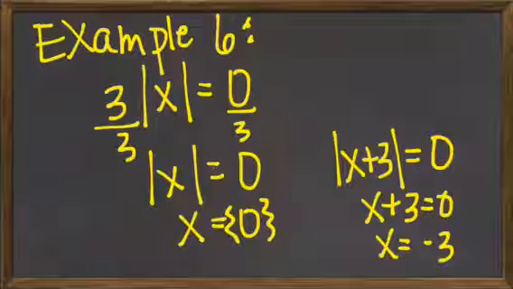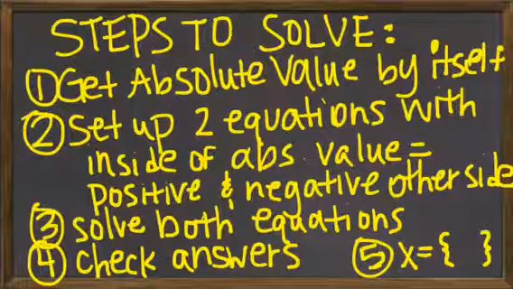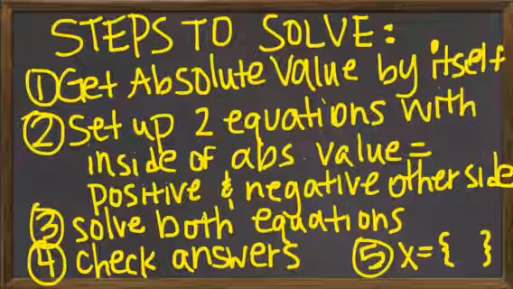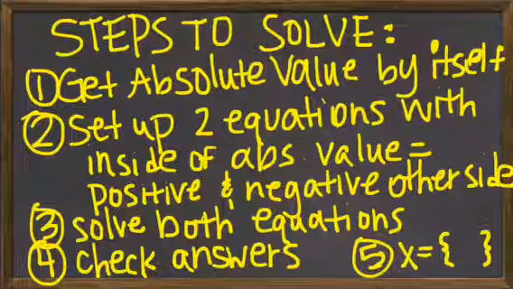Okay, I'm going to go ahead and write out some steps for solving absolute value equations, and then we're done. Here are some steps to solving those absolute value equations. You always want to get the absolute value by itself on one side of the equation. Then you want to set up two equations with whatever was inside the absolute value equal to positive and negative the other side of the equation.